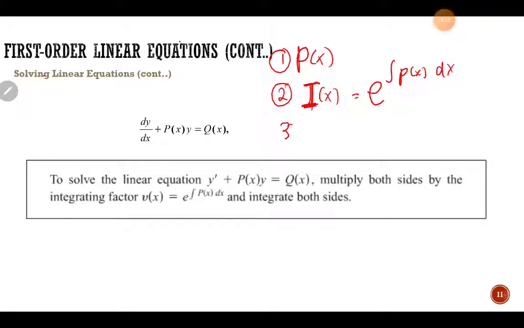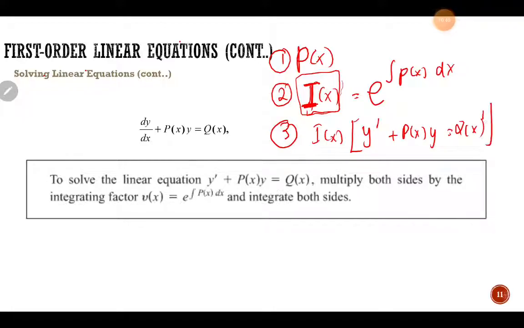The third step is to multiply this integrating factor into your differential equation in the standard form we found earlier. So y prime plus P(x)y equals Q(x) must be multiplied by I(x).